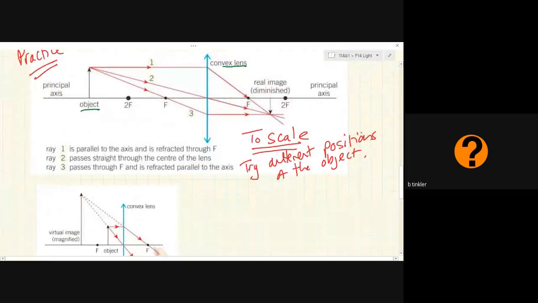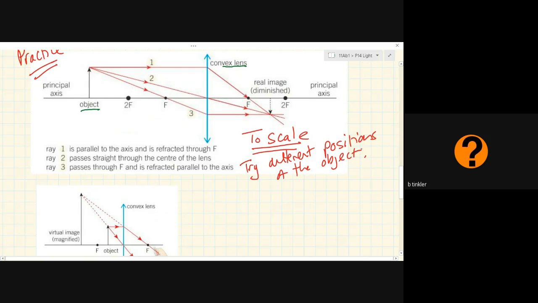If you've got some graph paper, that's brilliant, but you don't need to have graph paper. You can draw the lens and the principal axis. These distances must be measured carefully, and then your diagram will be to scale.